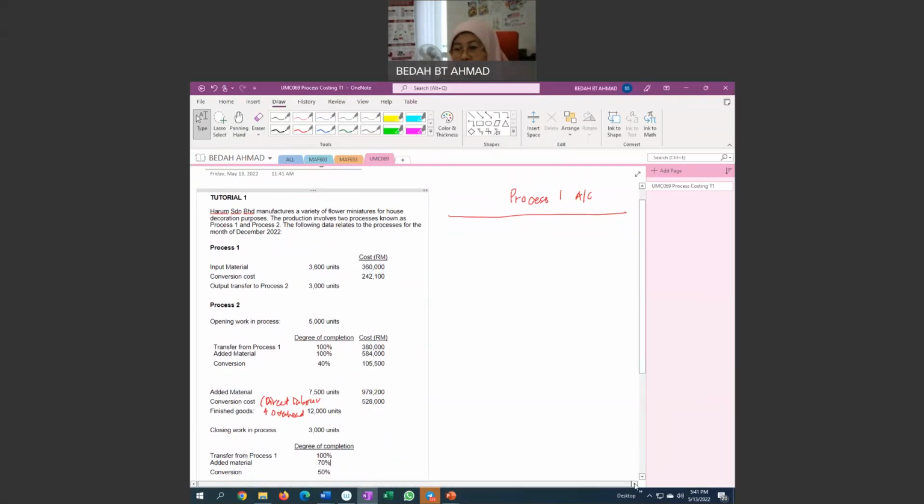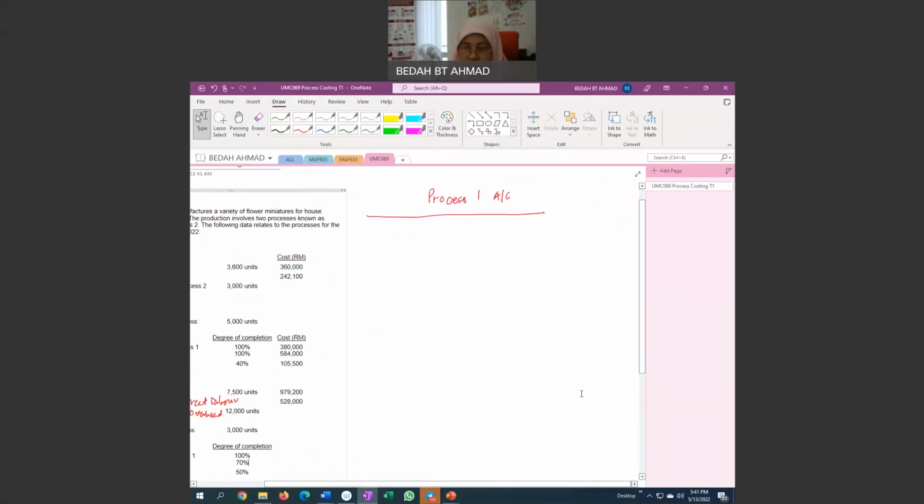We may start the process account with a T account, and put in the item, the cost in RM, and the units.